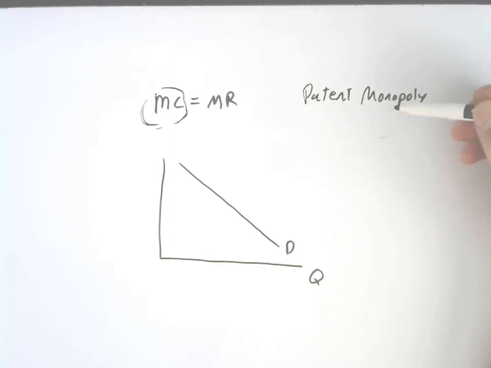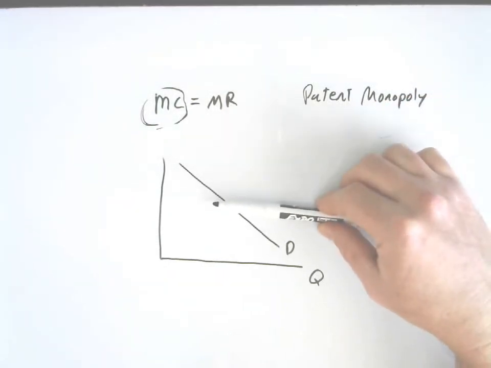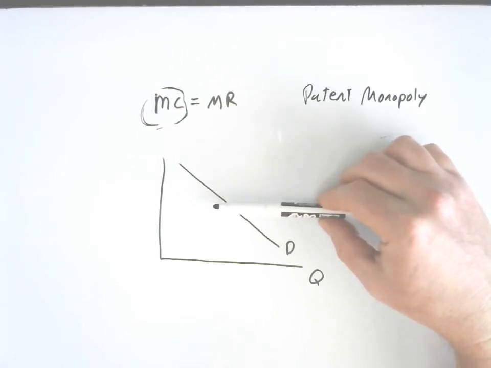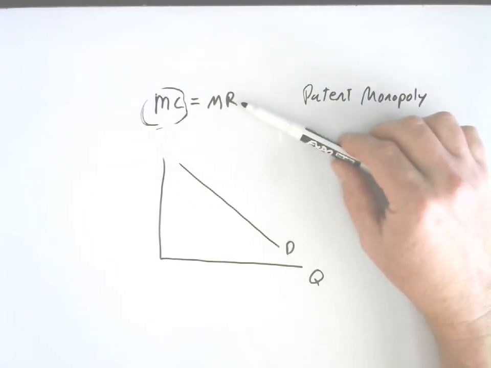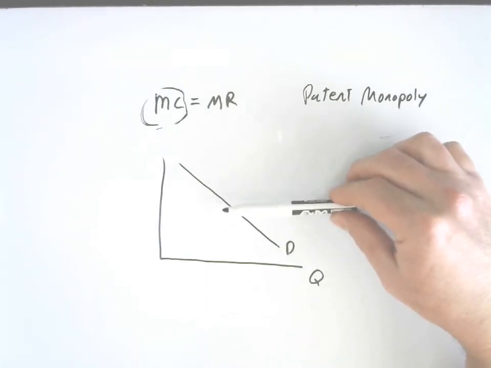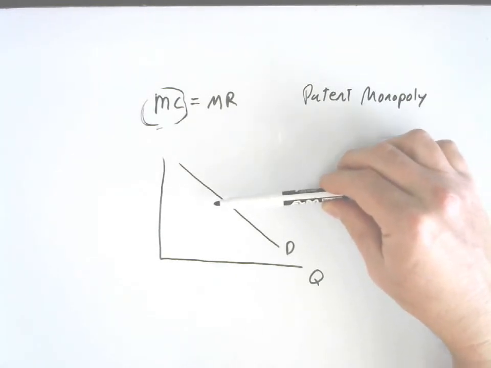In other words, unlike under perfect competition, where the demand curve reflected a perfect elasticity and perfect substitutability of the product, and therefore equated with marginal revenue and the price of the product, the demand facing a monopolist is the market demand for that product.